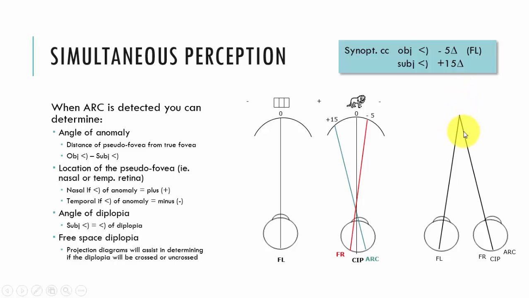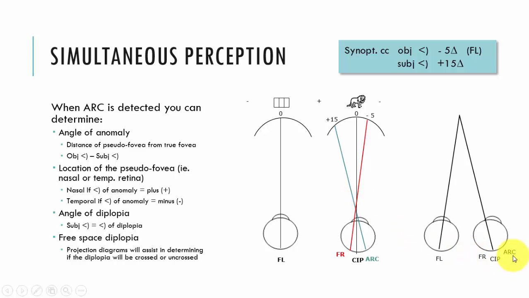Now the image here would fall on the CIP, and we know from this synoptophore diagram that fovea is nasal to the CIP and the ARC is temporal to the CIP. And we could find out exactly how far the fovea is from the ARC point, or the fovea to the CIP, or the CIP to the ARC from this projection diagram here.